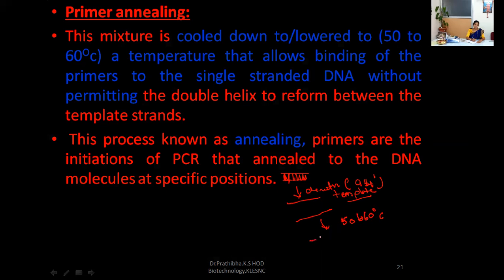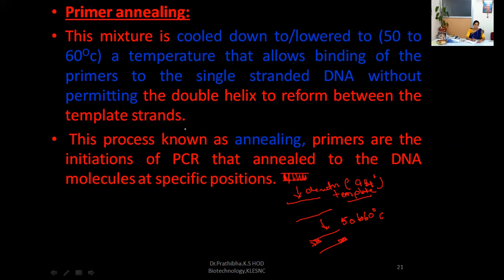When we reduce it, this is the optimum temperature for the annealing, or attachment, of the primer DNA, which happens with the free ends of the template DNA. I told you already that these primers always attach to the 3' ends of the template DNA molecule.